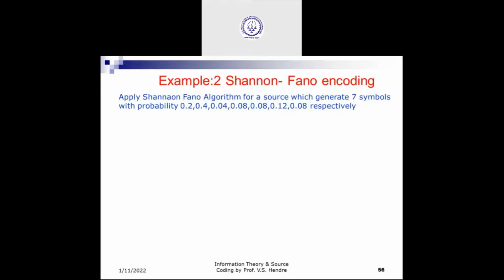Apply the Shannon Fano algorithm for a source which generates 7 symbols with probabilities 0.2, 0.4, 0.04, 0.08, 0.08, 0.12, and 0.08 respectively, and calculate the efficiency of the code.